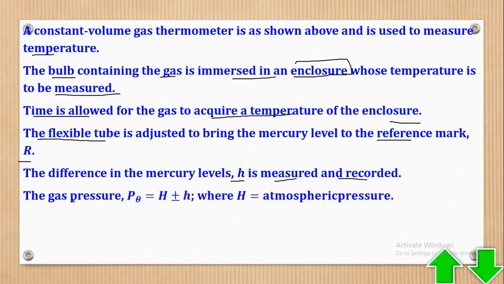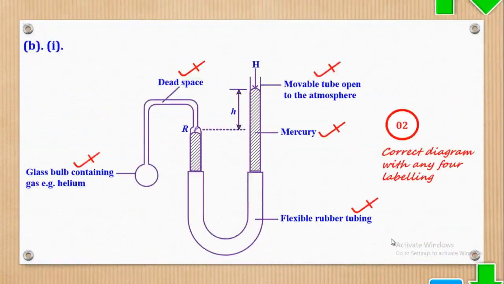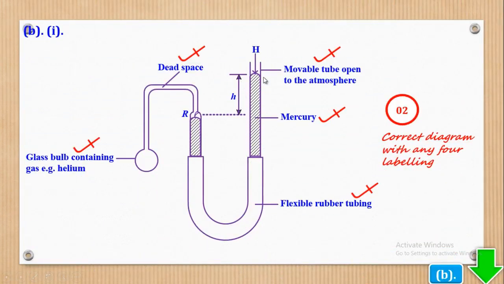The gas pressure P theta is given by H plus or minus small h. This plus or minus means that it depends on the value of H. For example, in this diagram, the mercury level may be above this reference mark or below.